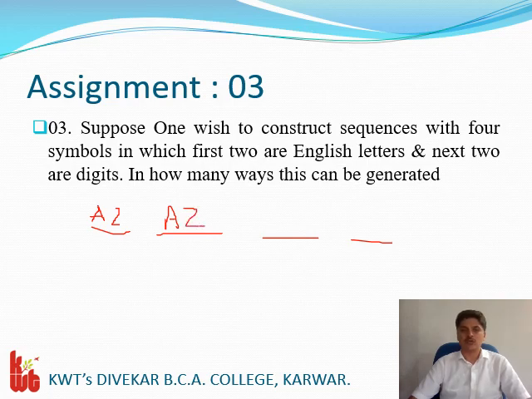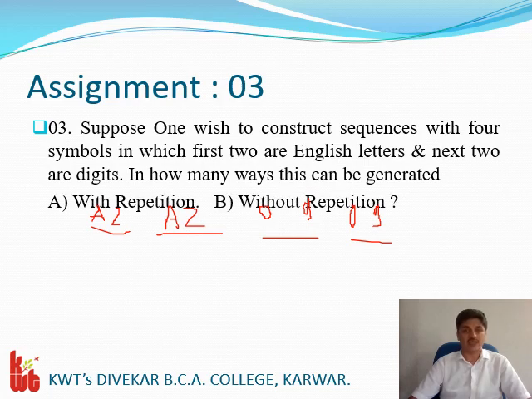And the next 2 are digits, so here you can have 0 to 9, and similarly here you can have 0 to 9. So you need to find in how many ways this can be generated. That is one case with repetition. If A is repeated here, A is repeated here, that is with repetition. Without repetition, if A is used here, A will not repeat here. So in that case you need to calculate.